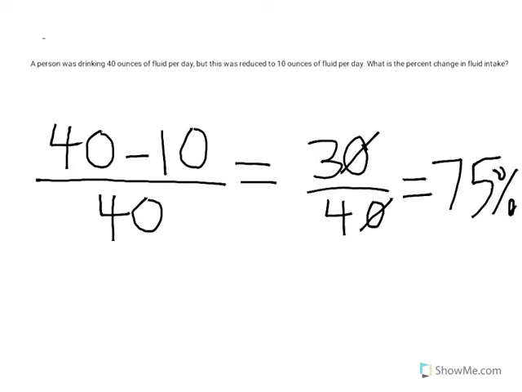Now 3/4, converting that to a percentage, 1/4 is 25%. Multiply that by 3 to get 3/4 is 75%. Okay, so this is a 75% decrease in fluid intake.